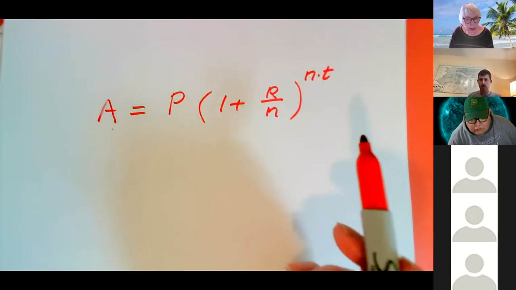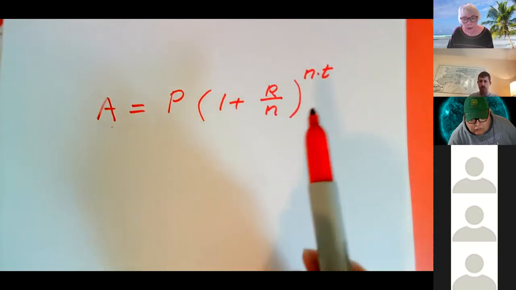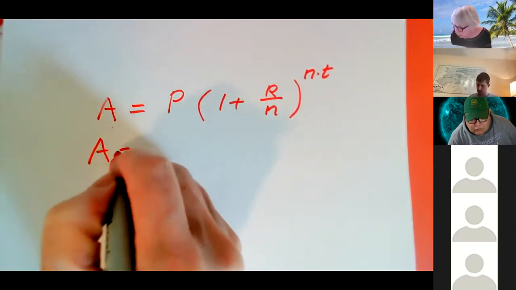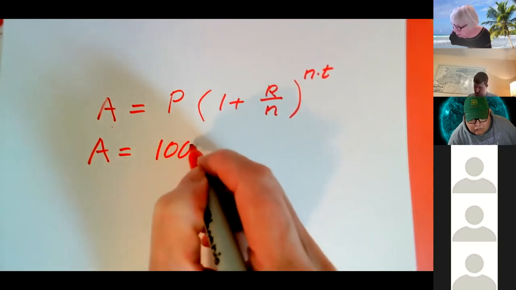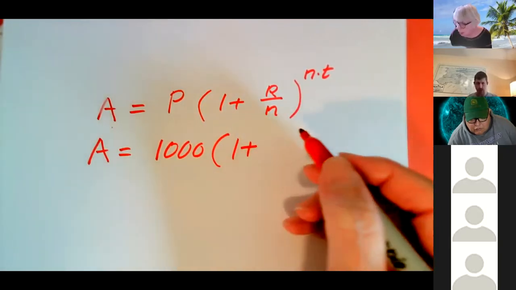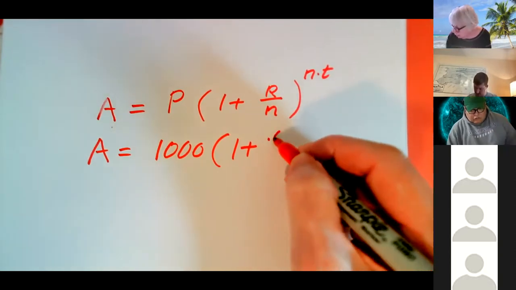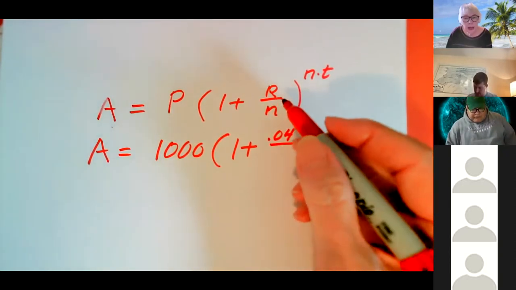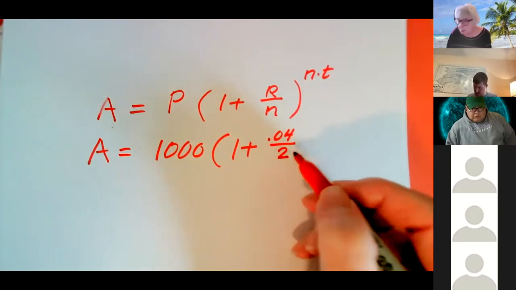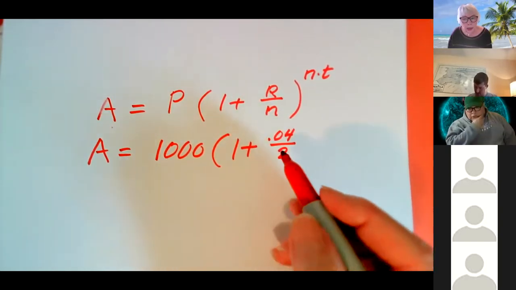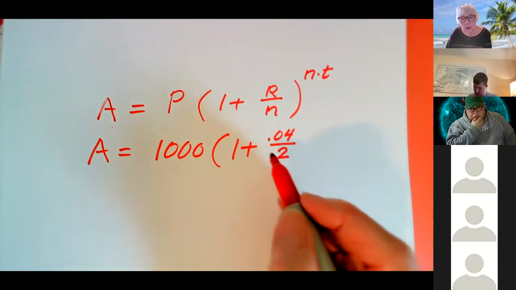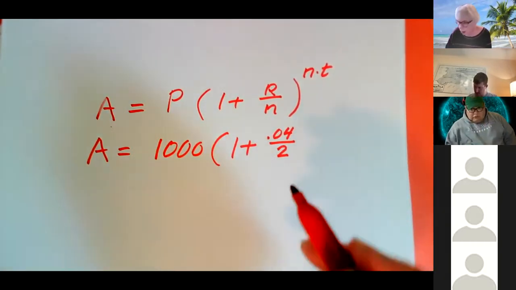Maybe not everybody has one, but in our particular problem, I used 1,000. The yearly rate was 4%, and it needs to be in that form. It was compounded twice a year, so n is 2, so I'm only getting 2% each time.